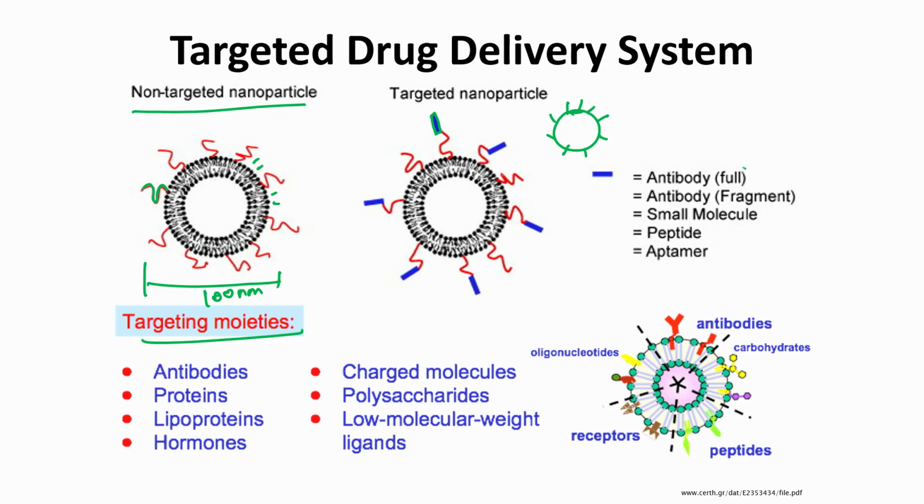There are antibodies, you can use the full antibody. Antibody is also divided into an FC region and the variable region. FC region is basically the constant region, which means that it is fairly similar in most types of antibodies, and the variable region is what allows it to bind to different targets. So, this is fairly variable and recognizes different targets.